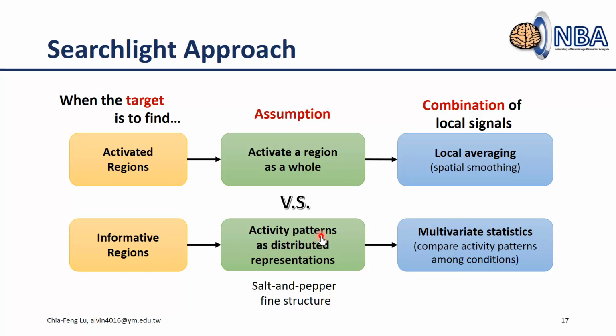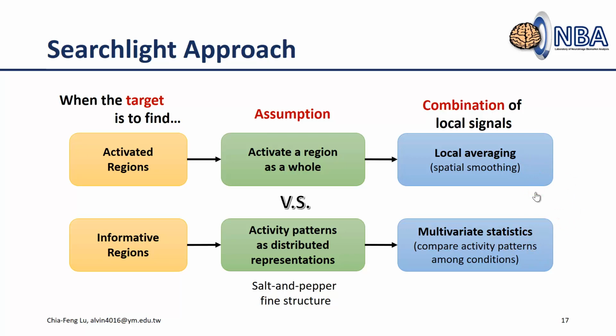So we try to compare the activity patterns within this voxel set as the distributed representation in our brain when the subject perceives different kinds of stimuli right here. So this is the so-called multivariate statistics, okay? So these are two different roadmaps.